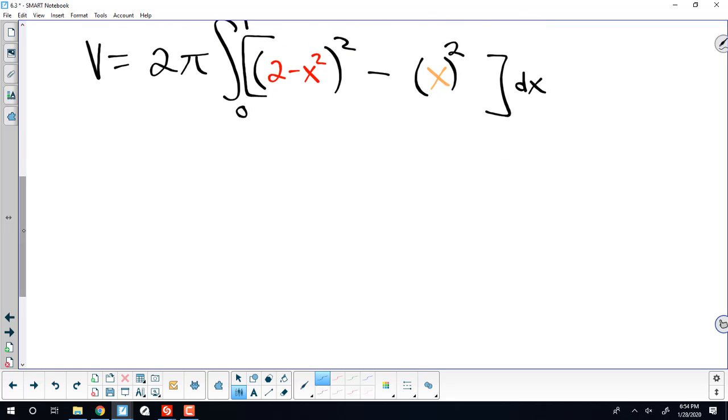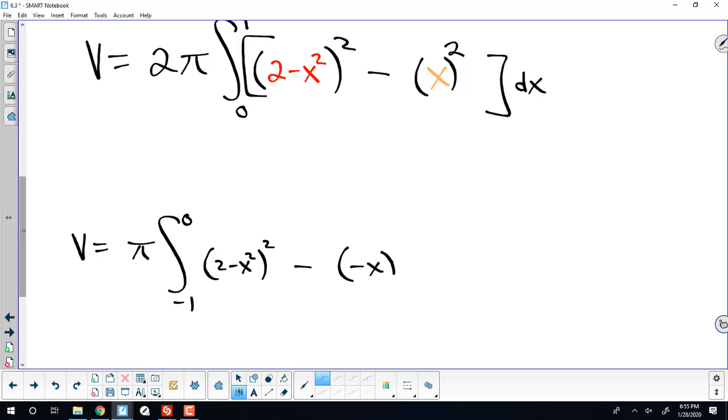The other one we would have to do 2 integrals. So the first one would be pi integral from -1 to 0, and the outer radius was still 2 minus x squared, minus the inner radius, which would be negative x squared. That would give us the region to the left if we did take that into consideration.